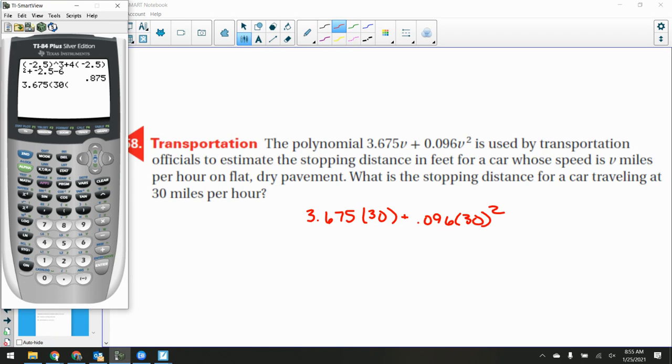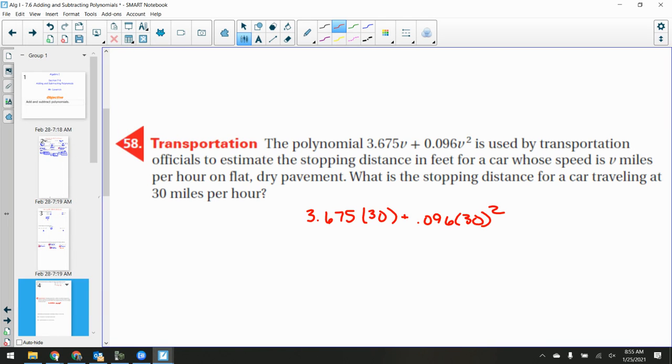Wrong way, parentheses. Plus 0.096 times 30 squared. Safe stopping distance is just under 200 feet. 196.65. Questions about that one?